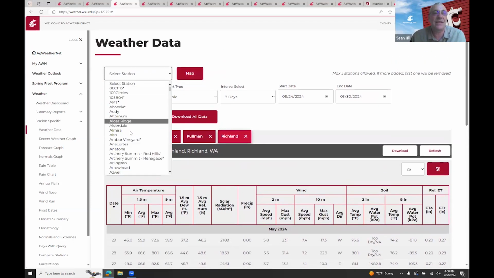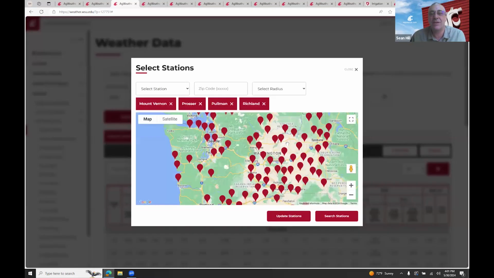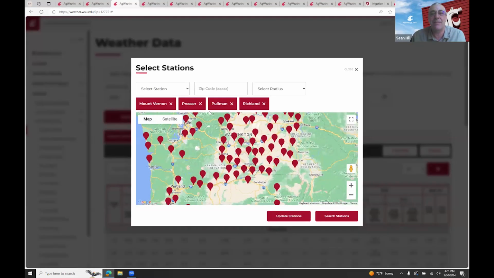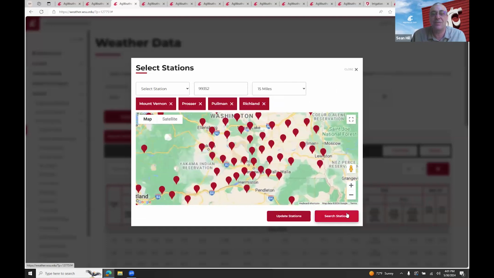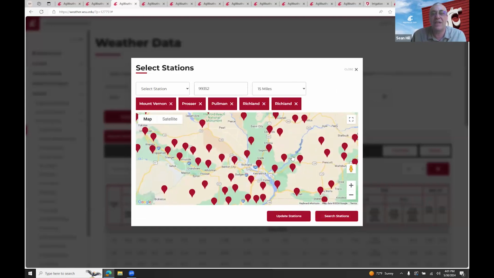And you can select any of our weather stations right out of the drop-down list, or if you don't know where your nearest weather station is, you can use a mapping interface, which will let you enter perhaps your zip code, and you can select a radius that you're interested in. And then you can click the search button, it'll zoom right in, and you can add or remove stations just by clicking into it.